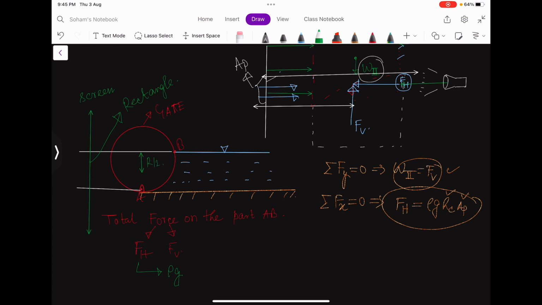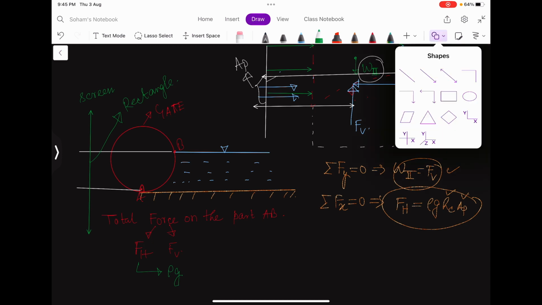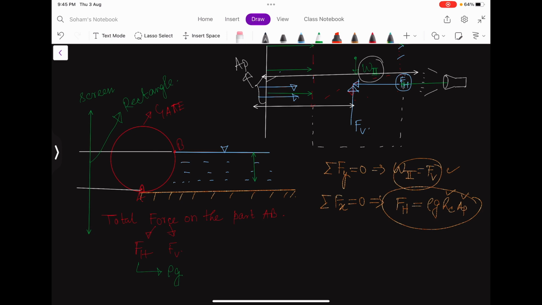Not r by 2 actually, I must have given this height. Let us consider that this height is 3r by 2, and this is the center.